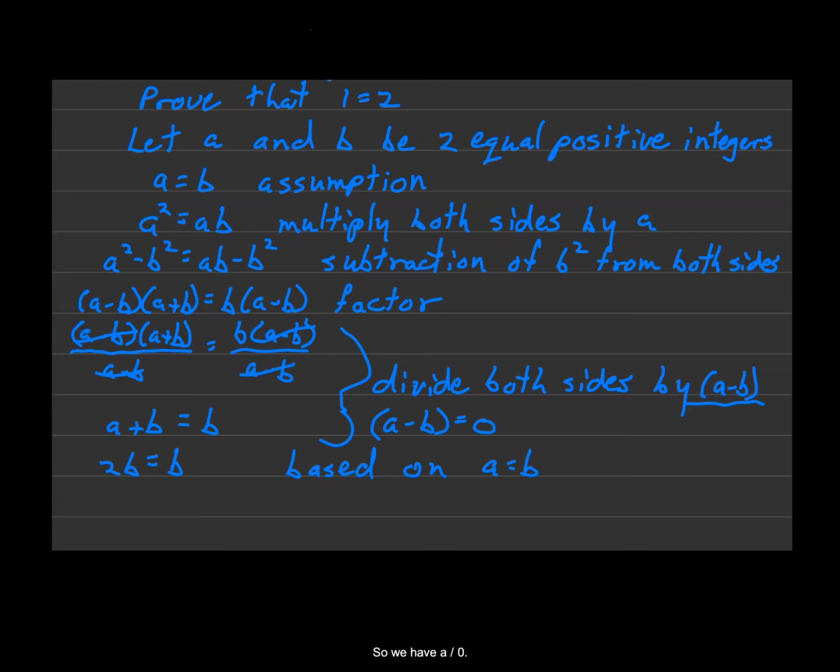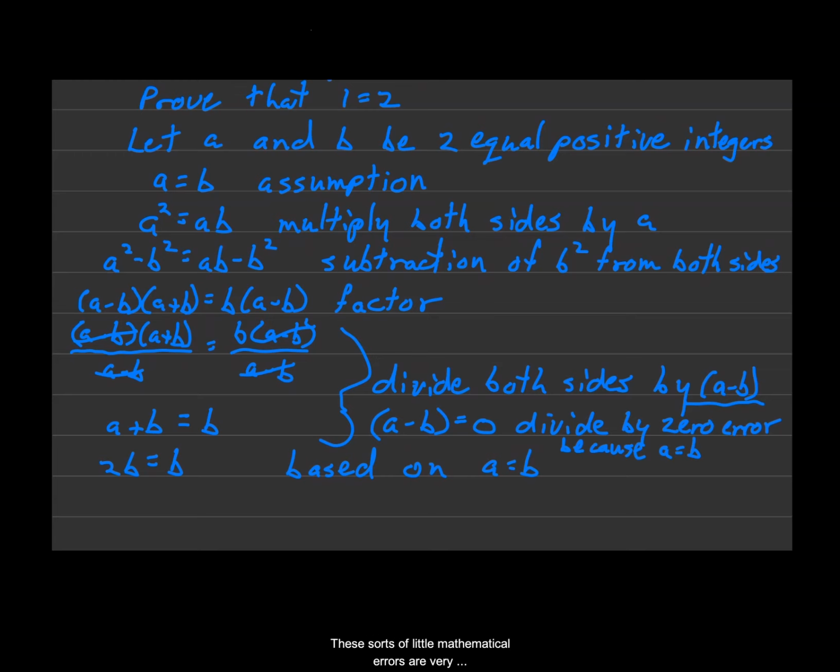So we have a divide by 0 error. And that was our error all along. That was simply because A was equal to B, and you're not allowed to divide by 0.